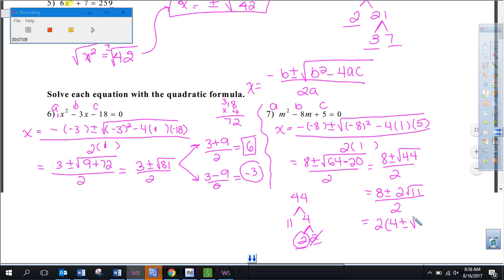So I'm just left with square root of 11, all over 2. The 2 in the numerator and denominator cancel out. They are a pair of 1s. So they go away. And I'm left with 4 plus or minus the square root of 11. Since the square root of 11 cannot simplify, you may leave your answer in this form with plus or minus, because it cannot combine any further.